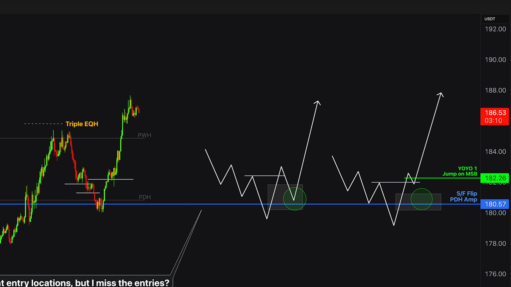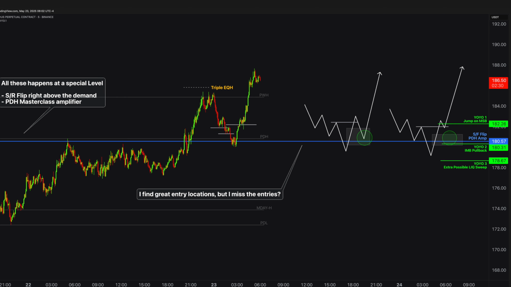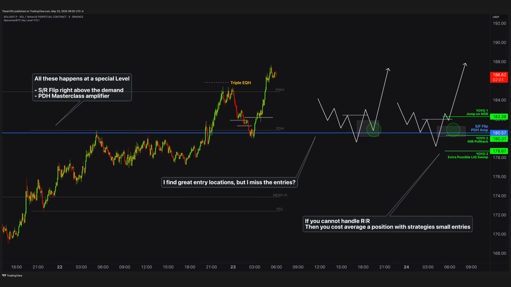Or you can get back to DCA, the cost averaging methods, like the masterclass YOYO technique, which I teach in the programs. First, you jump to the first cost average entry with the MSB, not waiting for any kind of pullback. Second entry is set to the imbalance, and the third entry is set to the deep liquidity points, because maybe price may crash more and more.